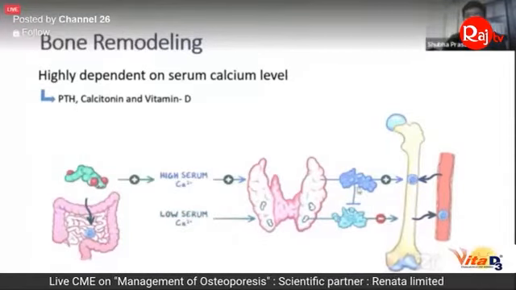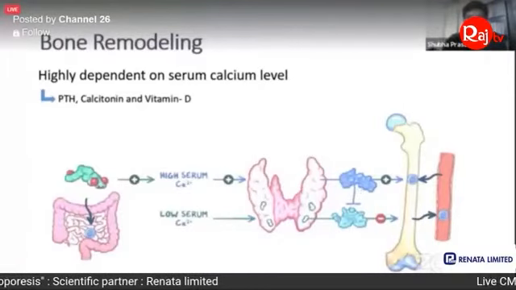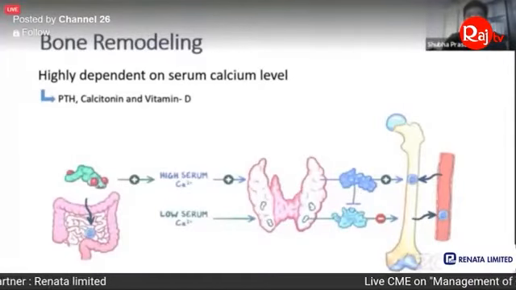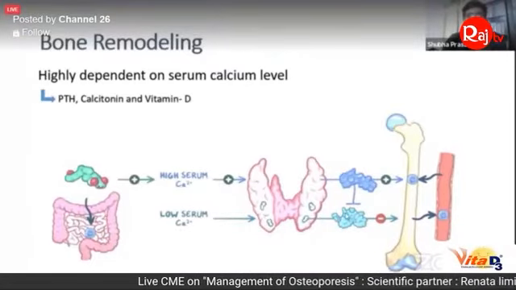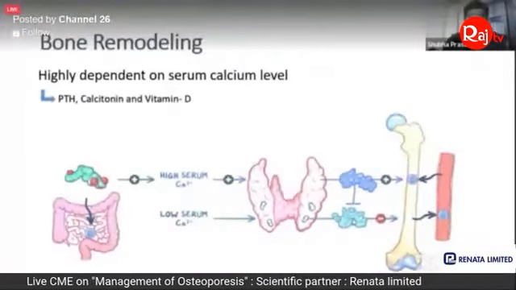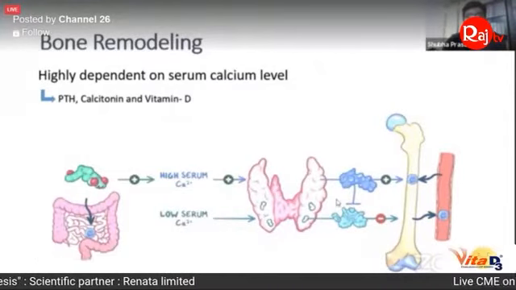On the other hand, calcitonin is produced by the thyroid gland in response to high serum calcium, so it opposes the action of parathyroid hormone, therefore promoting bone formation and decreasing bone resorption.